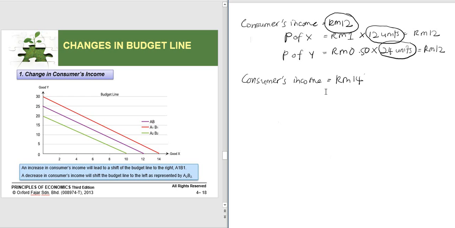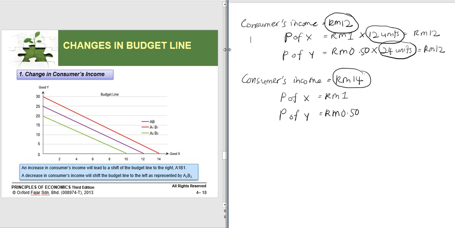The price of X remains the same, RM1, and the price of Y remains at 50 cent. So now we want to know the maximum number of X and Y that the consumer can buy with 14 ringgit.